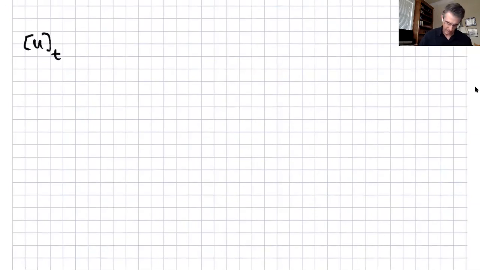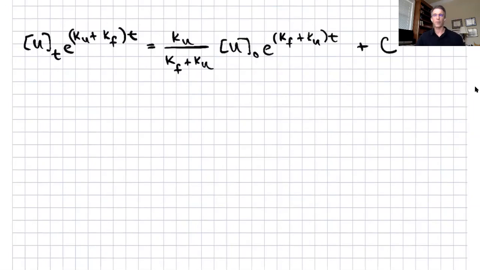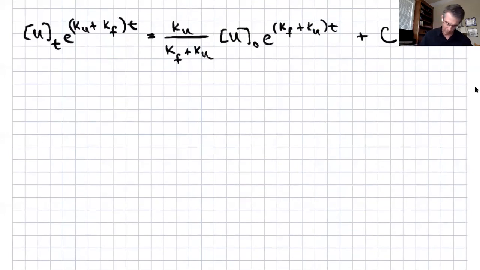Remember, that's what we're after. e to the (ku plus kf)t is going to simply be equal to ku divided by kf plus ku, concentration of U at time 0, e to the (kf plus ku)t plus C. Now before I substitute in for that constant, I want to rearrange this a little bit, because remember what we're really after is a function that describes the concentration of U at any arbitrary time.